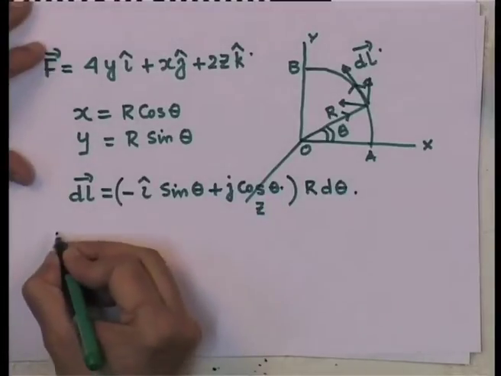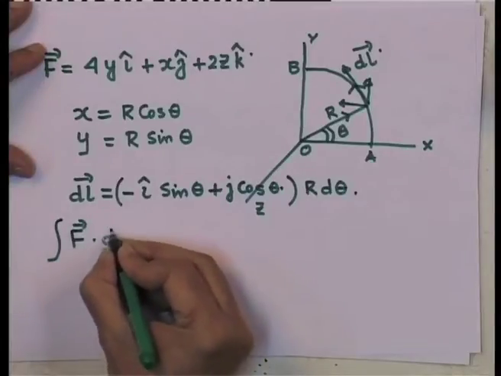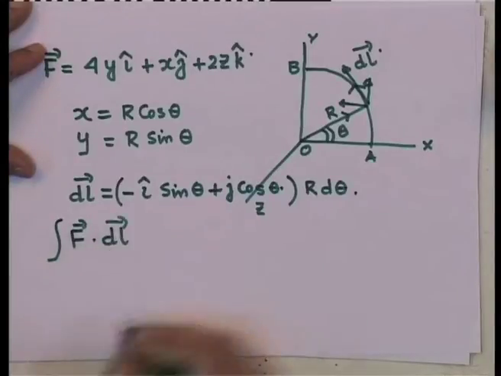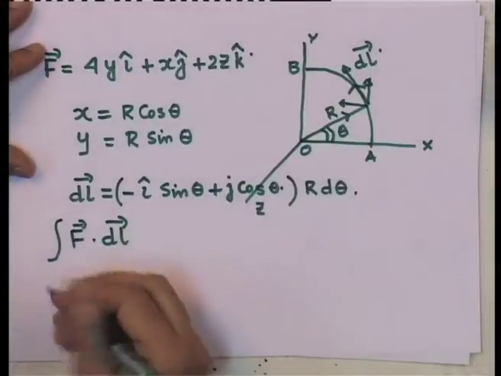Now, what you can do is directly compute f dot dl. From A to B, the angle theta varies from 0 to pi by 2.